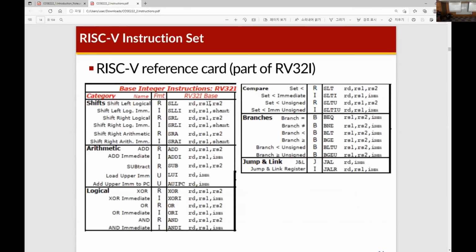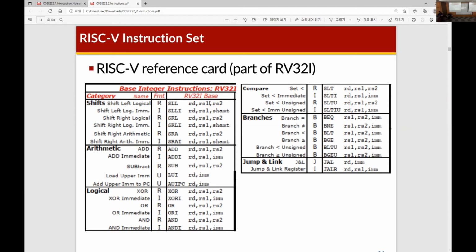This is the reference card of RISC-V, and I will post the reference card and the instruction set manual of RISC-V. You can read this reference card and also the instruction set architecture manual.